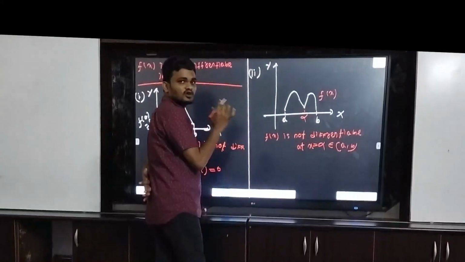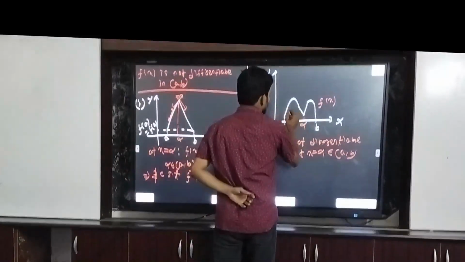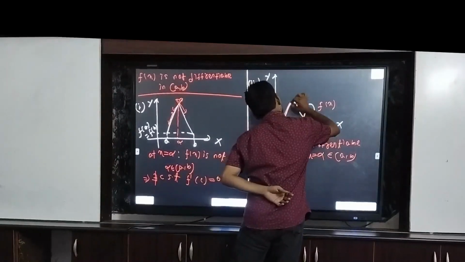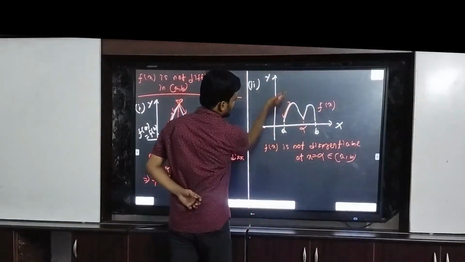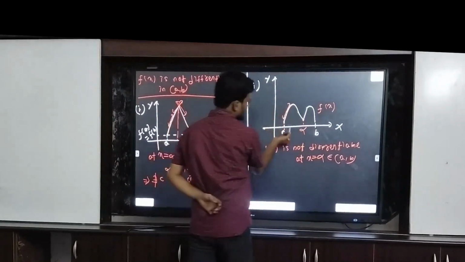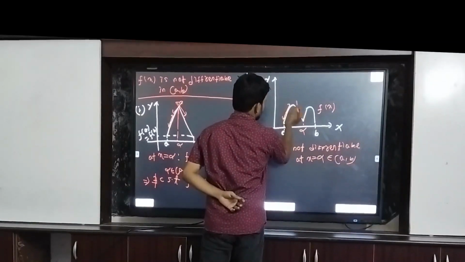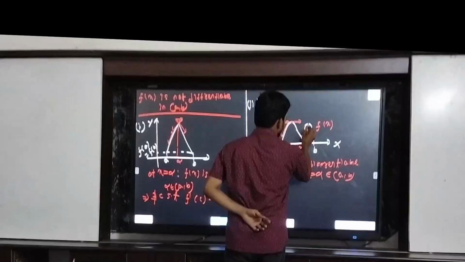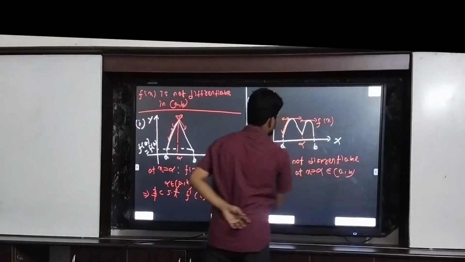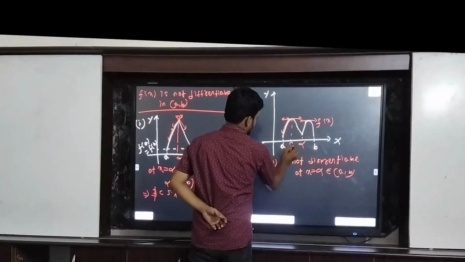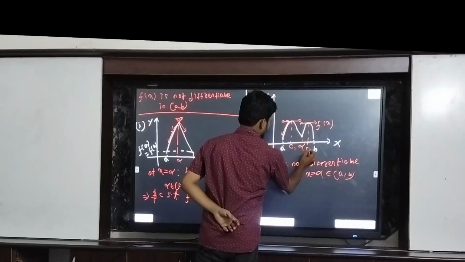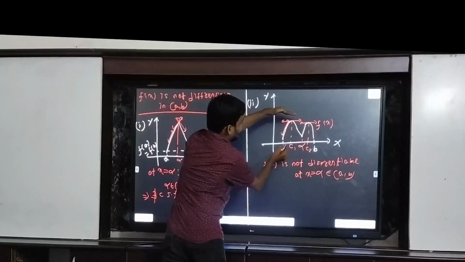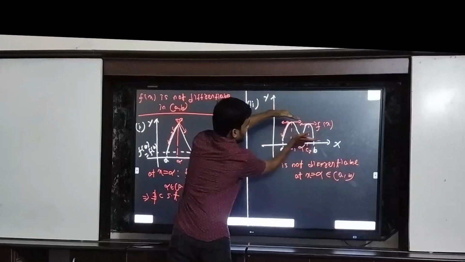But observe one important thing. Suppose we are plotting a tangent at this point. This is how our tangent looks. If I plot a tangent at this point, how does this look? This is our tangent. Similarly, if I plot a tangent at this point, this is our tangent. So this is C1, this is C2. Clearly, there exists a tangent at point C1 which is parallel to the x axis.